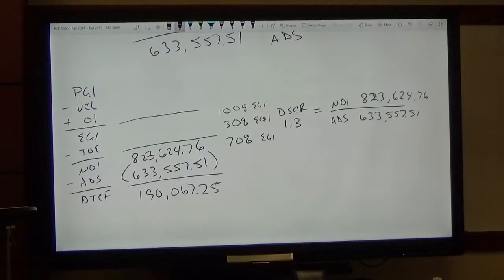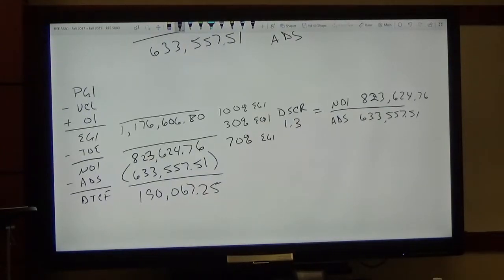Yes. Okay, so all we have to do is take the 823,624.76 divided by 0.7, and that's going to give us our EGI, in this case of 1,176,606.80. Does everybody understand what I just did?